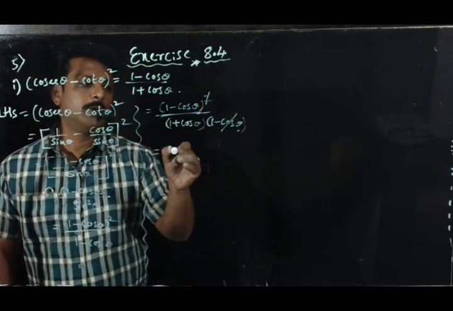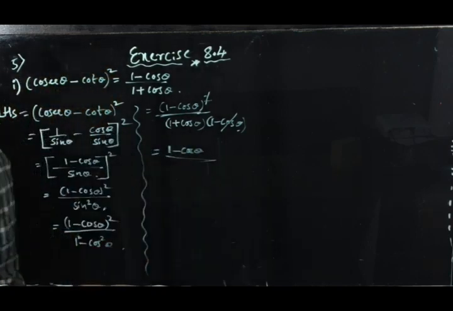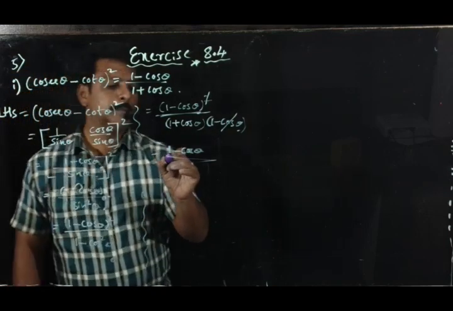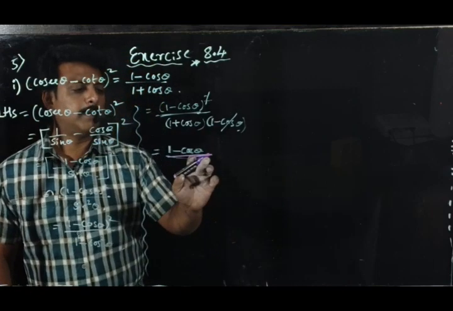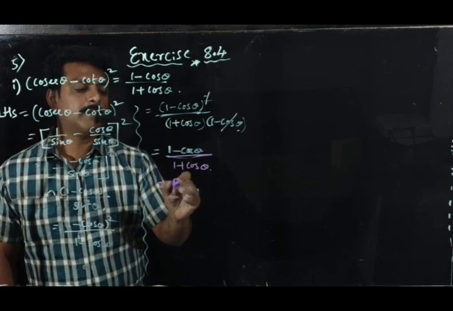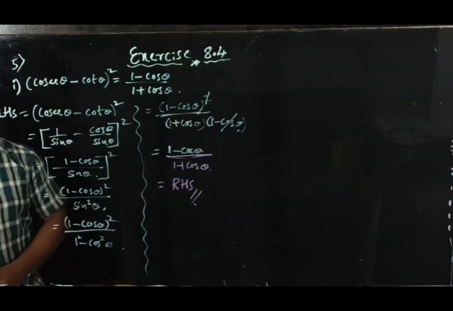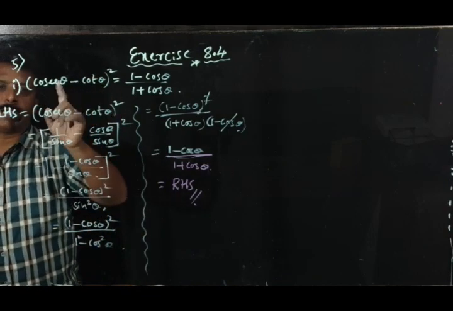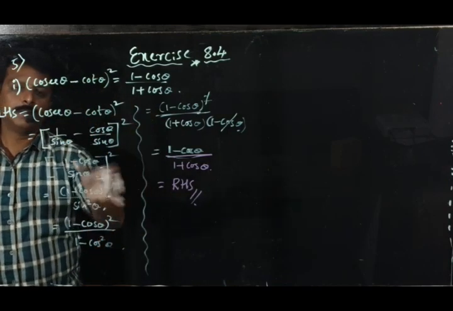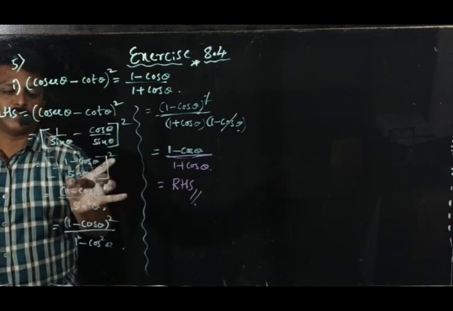Then you will get 1 minus cos theta divided by 1 plus cos theta, which is our RHS. Hence proved. So what I did: they gave LHS as cosec theta minus cot theta bracket square. I converted cosec into 1 by sine and cot into cos by sine, and took the LCM as sine theta.